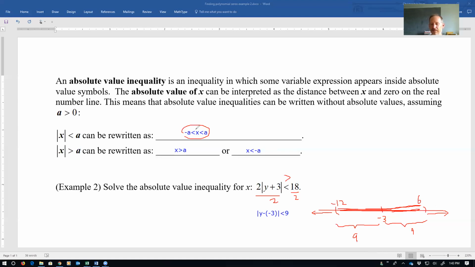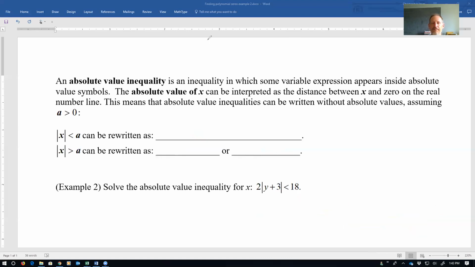Algebraically, this is what I want to do first. I want to set these up as one of these two systems without the absolute value. So I'm going to work with that down here. y plus 3 in absolute value is less than 9. What that means is y plus 3 has to be between negative 9 and positive 9.